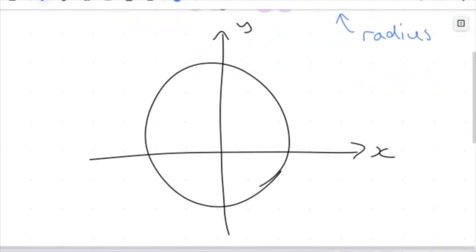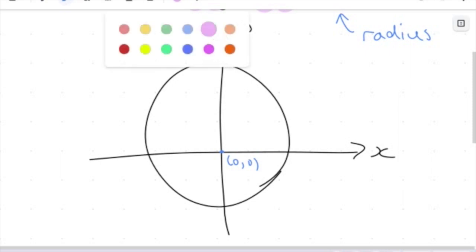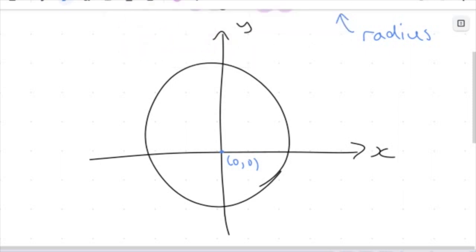Now, let's just consider a circle. So this circle is right in the middle of our xy plane. So we have the origin here, this point 0, 0, and each length from the center out to some edge, so here or here or here or here, or even here or here.